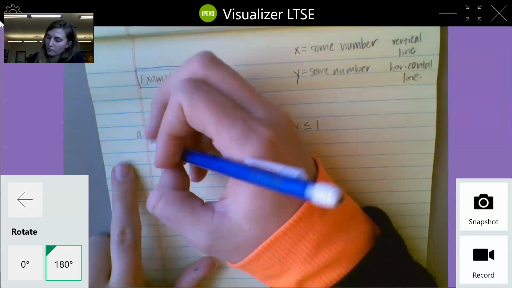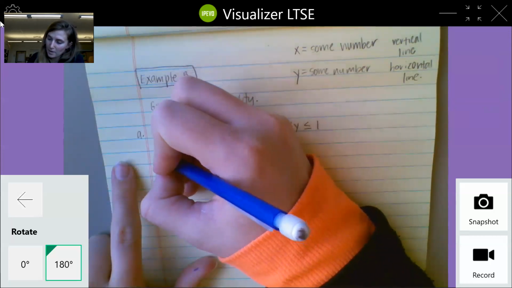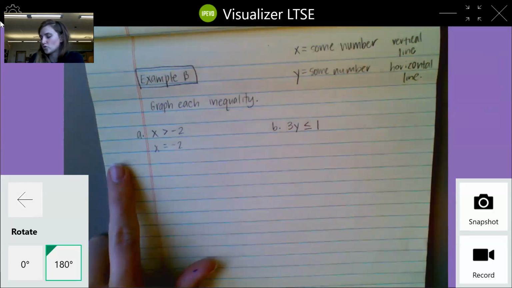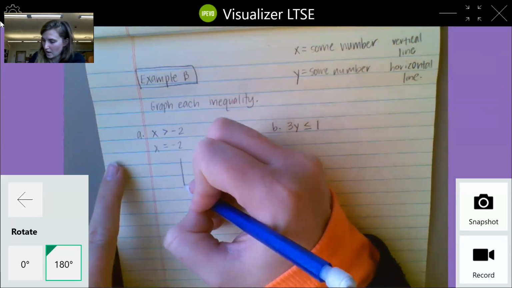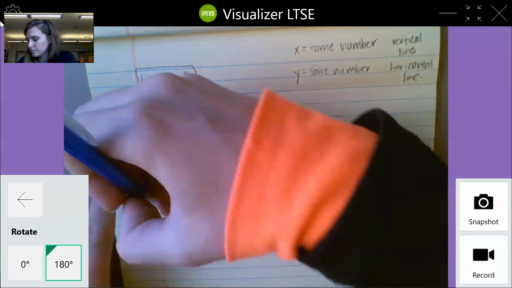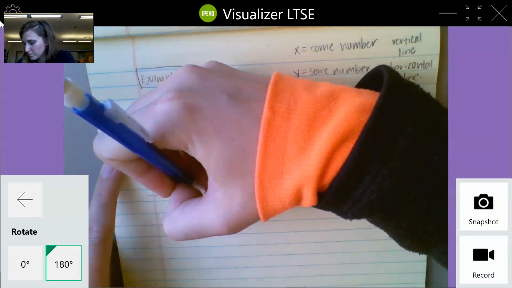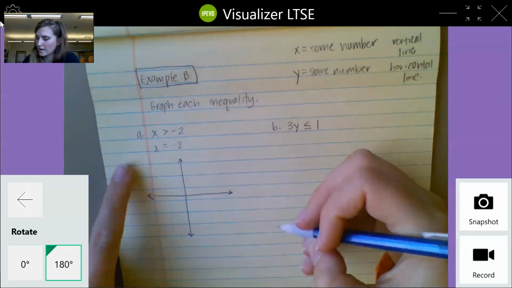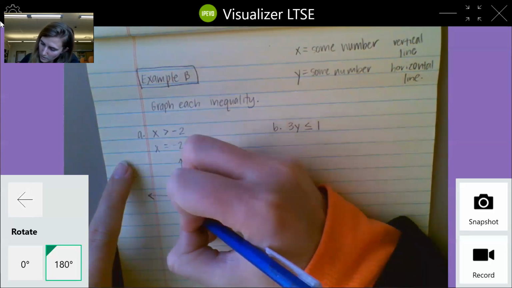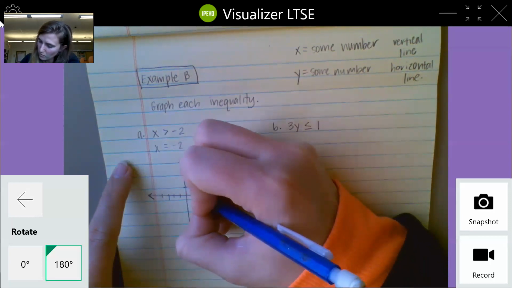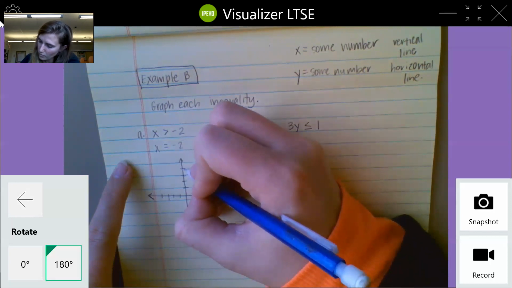Remember, first step is to just think about it like it's an equation. So like x equals negative 2. And create our little coordinate plane. And I need to go negative 1, negative 2, negative 3, negative 4. 1, 2, 3, 4.